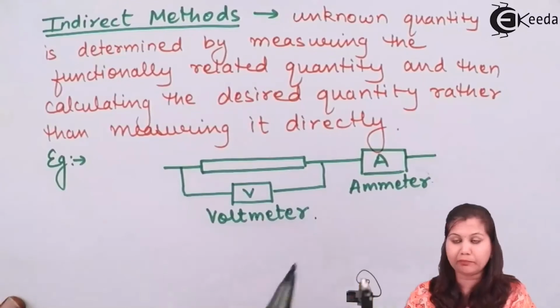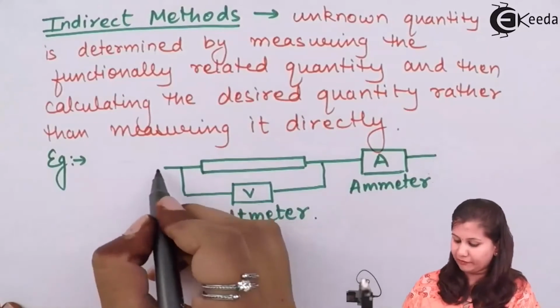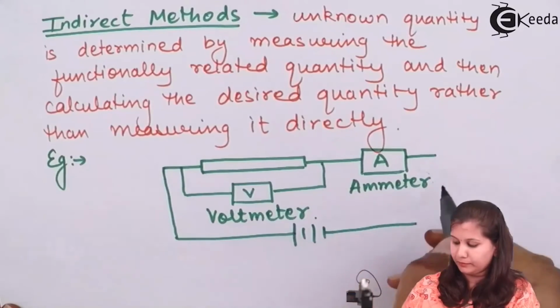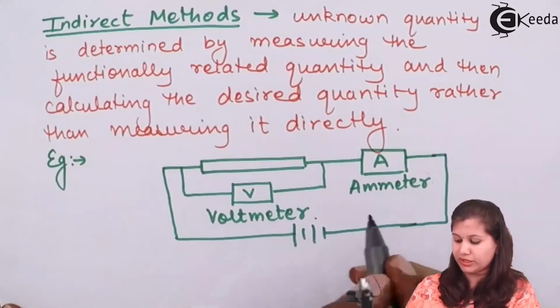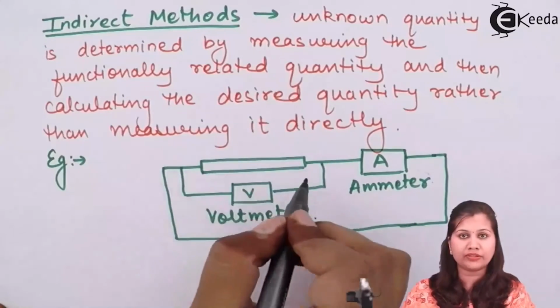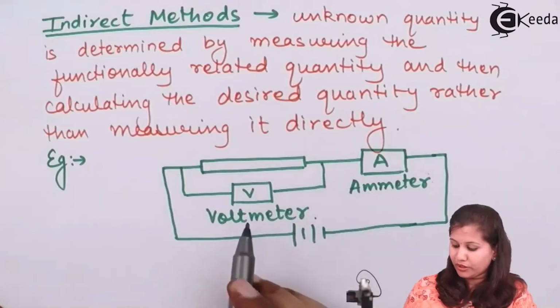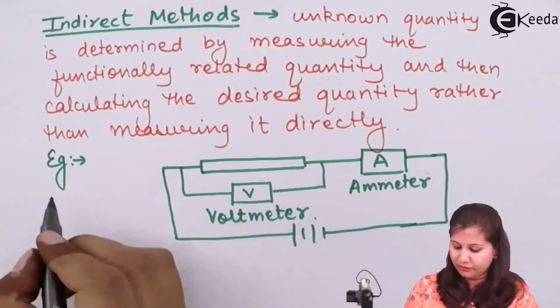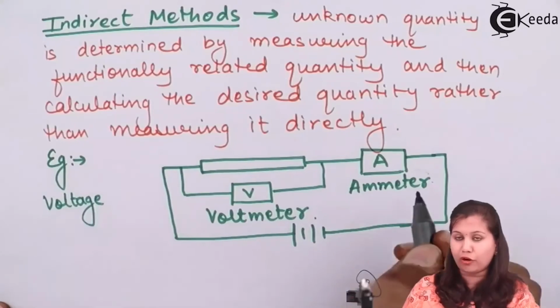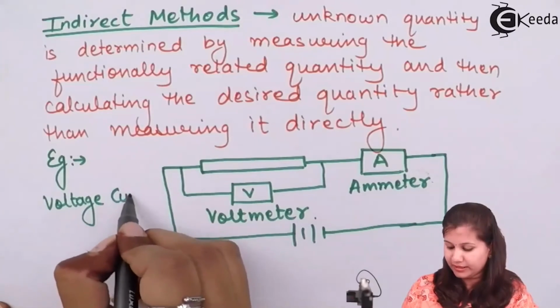The voltmeter is connected in parallel, and then we have a battery connected across this conductor. So we want to find out the resistance of this conductor. What we will get from the voltmeter are the voltage readings, and from the ammeter we will get the current readings.